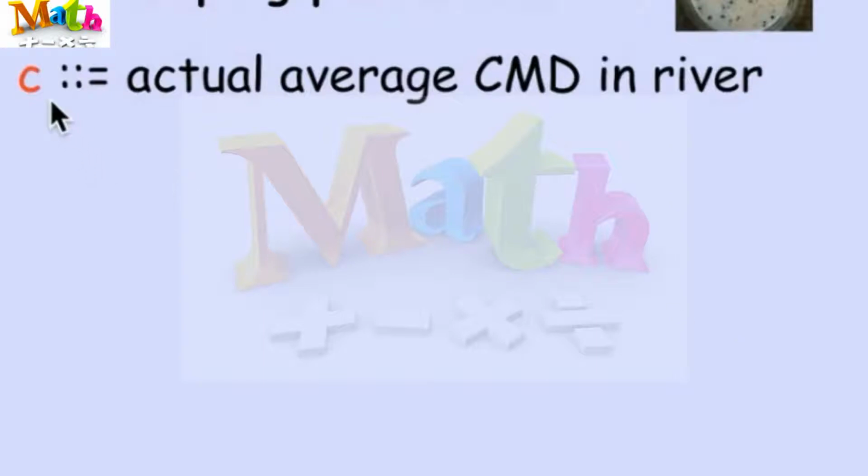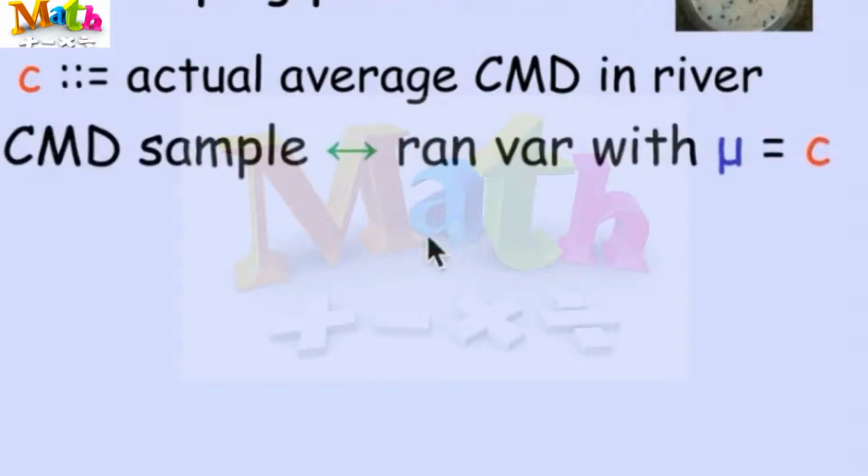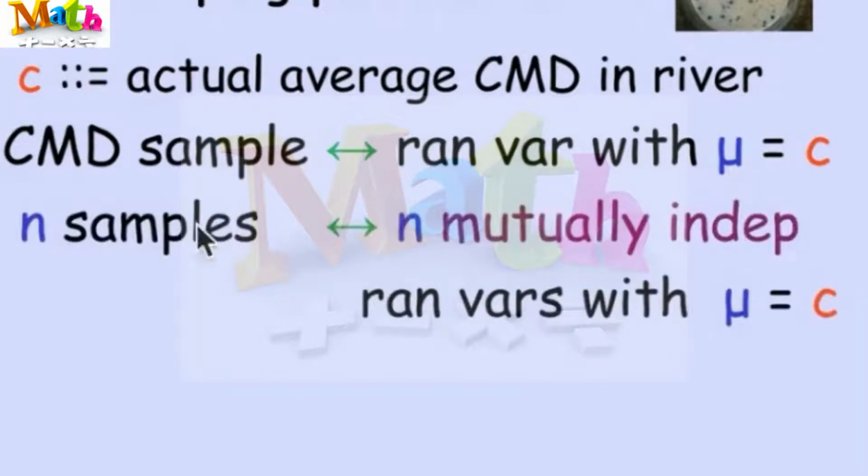Well, let's look at the parameters in the pairwise independent sampling theorem and see what we have. So C is the actual average CMD in the river. That's what we don't know. We're trying to estimate it. So our samples correspond to a random variable. We're taking a measurement of the CMD at a random time and place, and that defines a random variable whose expectation is the unknown C. So we've defined by our sampling process a random variable with mean mu.